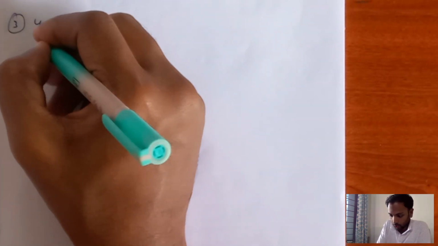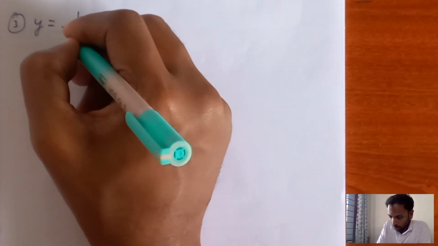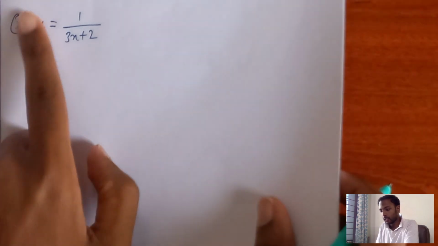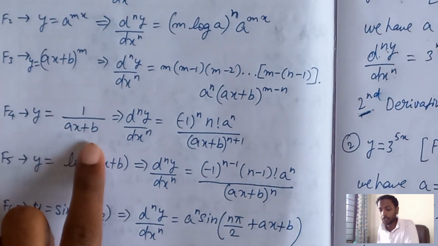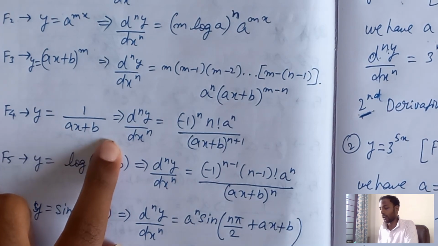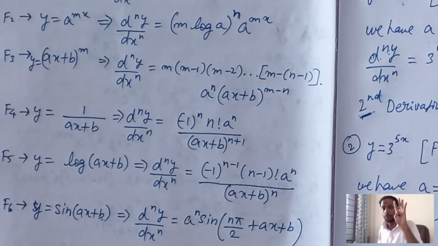The next question is y is equal to 1 by 3x plus 2. Now which formula to apply? Can I say this somewhat looks like 1 by ax plus b? So we have to use the fourth formula.